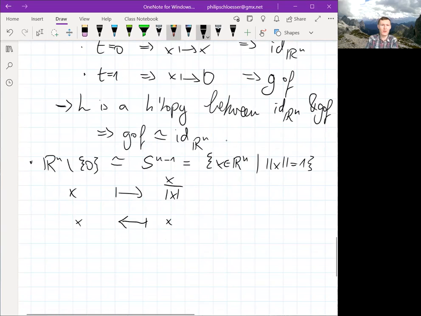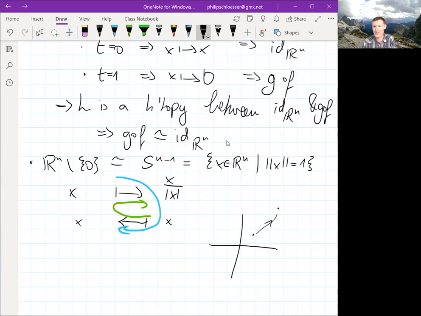Then when you go in this direction, you have the identity, and when you go in this direction, you're still mapping x to x over norm of x, but you can show that they are homotopic to the identity because you can just move that one out along the ray, or I guess inside along the ray. Just need to rescale the norm, or you just need to interpolate linearly.